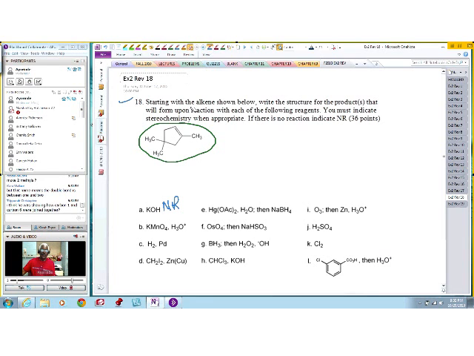Then the next one, B, potassium permanganate. What will be the product? What does this potassium permanganate do? Once again, it comes back to knowing what the reagents will do. It will cleave this carbon-carbon double bond so that this carbon becomes a carboxyl group and this carbon becomes a ketone.